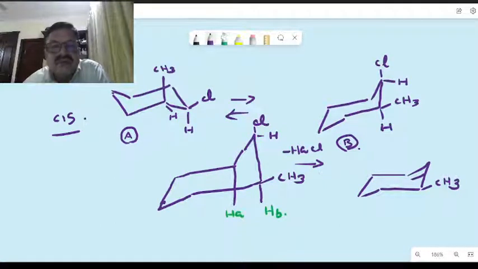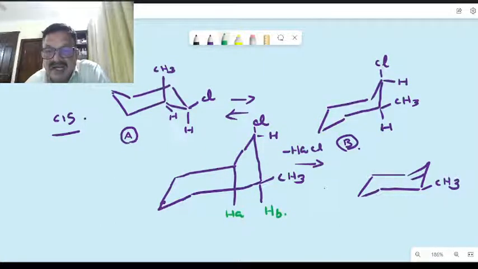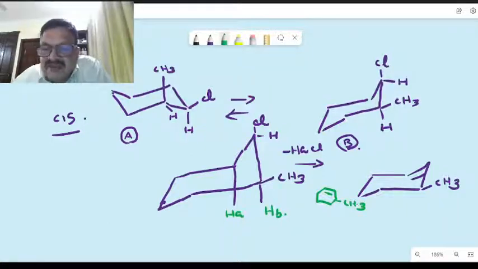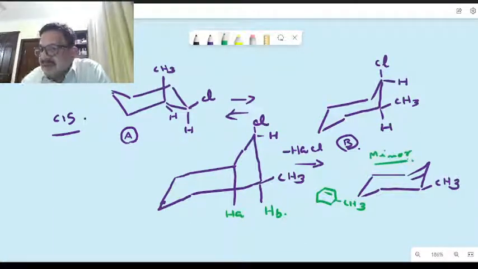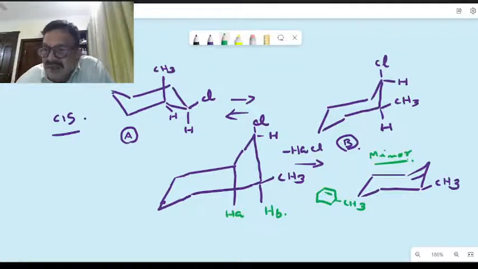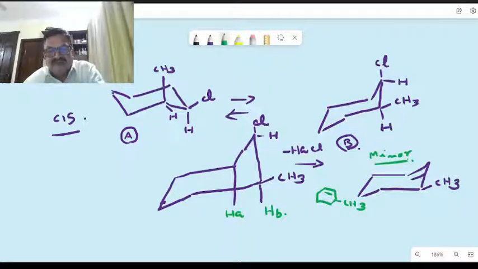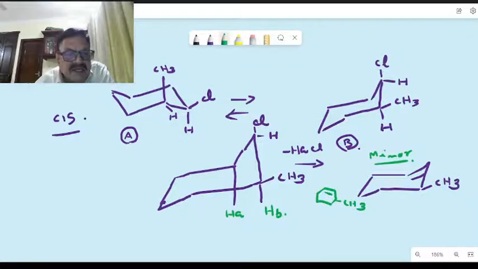So how will you draw this minor product, the disubstituted alkene? This is the product here. This is a disubstituted alkene, a minor product. Now, if this hydrogen B is used for elimination, what will be the type?